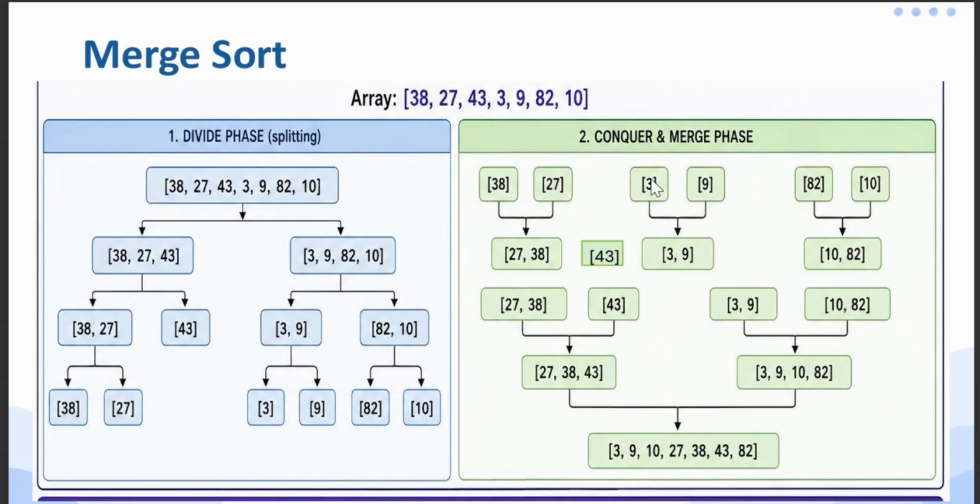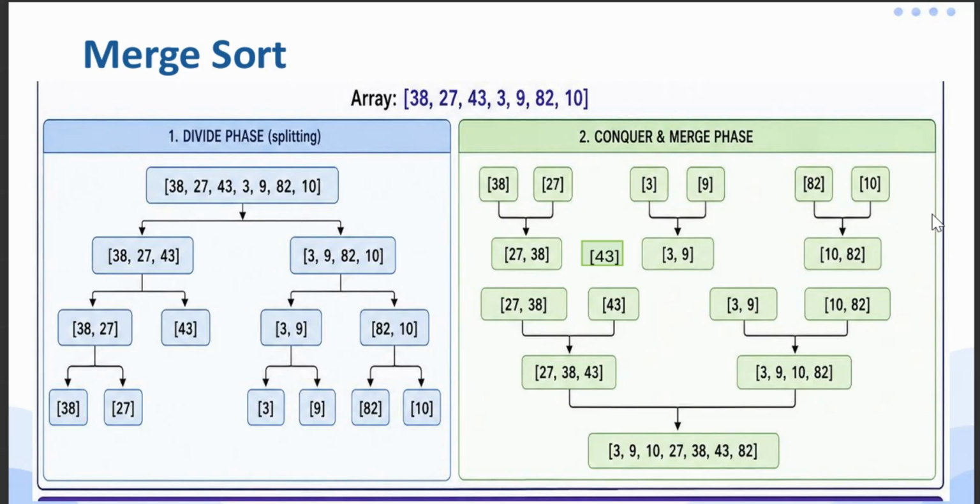And we have 3 and 9 here. After sorting we get 3 and 9. And we have 82 and 10 here. After sorting we get 10 first, which is smaller than 82, and then 82.